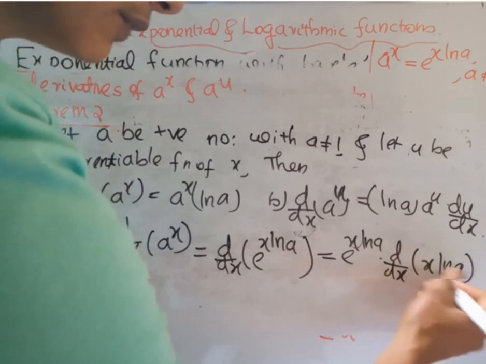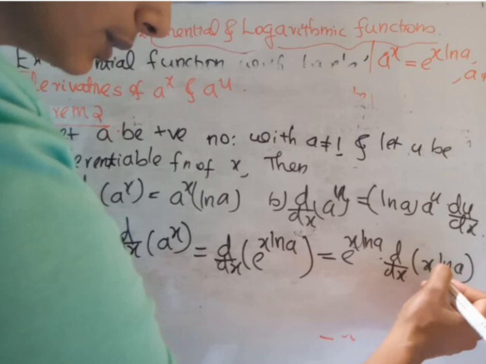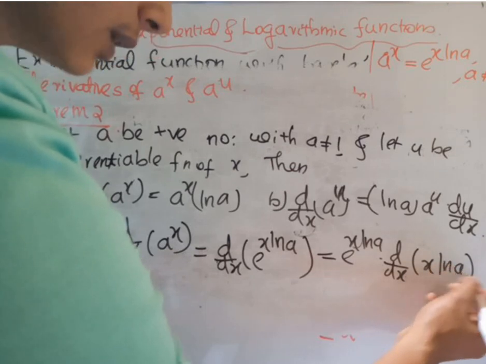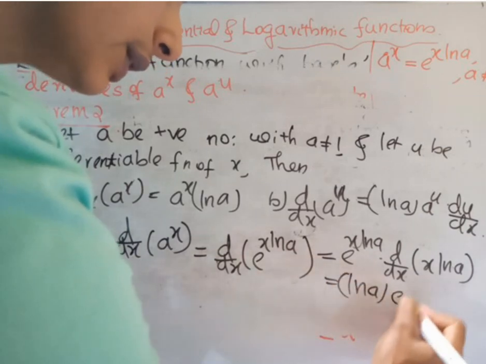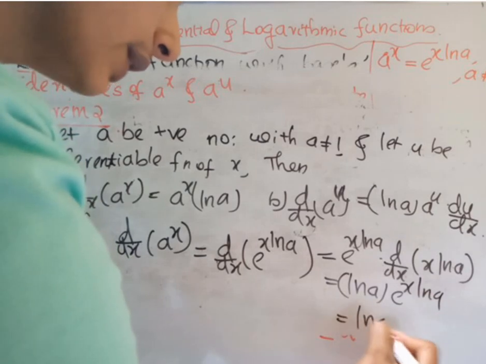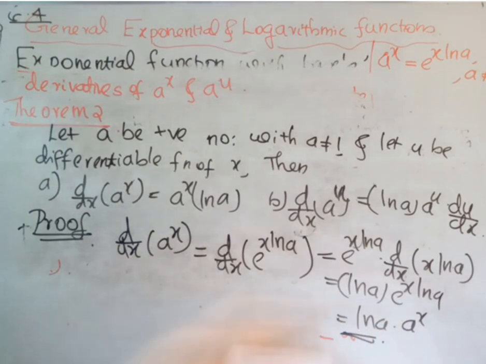The derivative of x log a is the same as the derivative of x, since log a is constant. So the derivative of x log a is log a. So this is log a times e raised to x log a, which is the same as log a times a raised to x. This is the result.